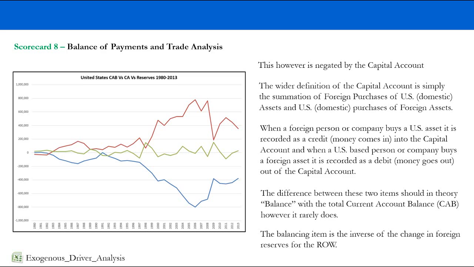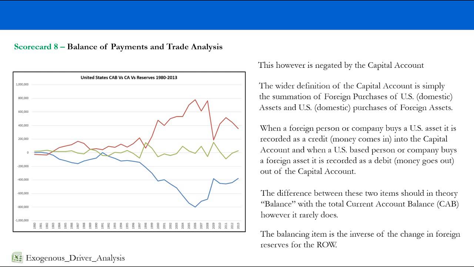Money is coming into the United States and into the capital account. And when a US-based person or company buys a foreign asset, they pay for it in the foreign currency, and it's recorded as a debit in the capital account. So money is coming out of the United States and out of the capital account.